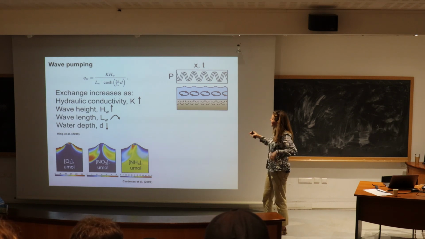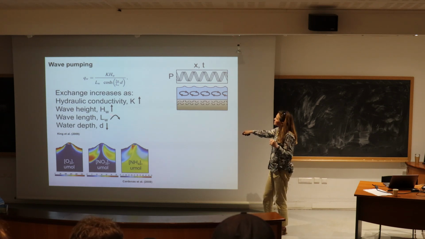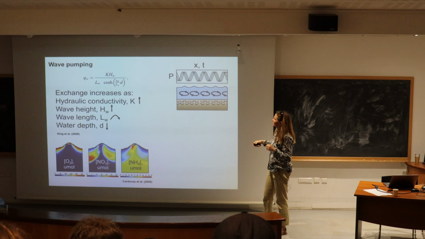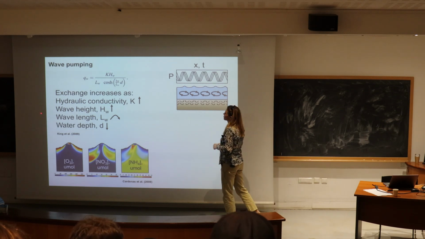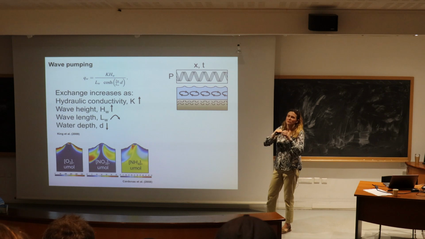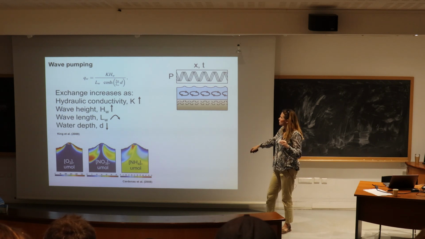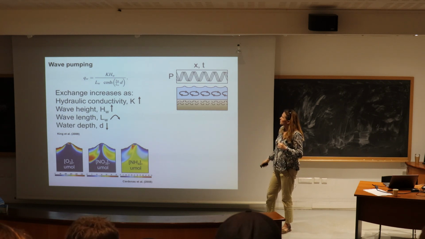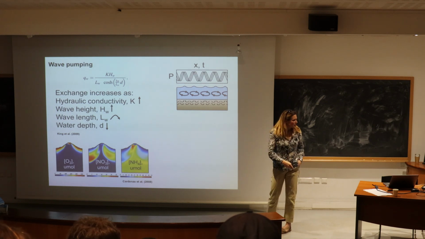And then in the middle is that sweet spot. And of course only certain combinations of wave height and wavelength can form at a given water depth as well. But as the water depth goes down, those waves are going to interact with the bed more. And so when you have shallower water depths, you're going to have more exchange.